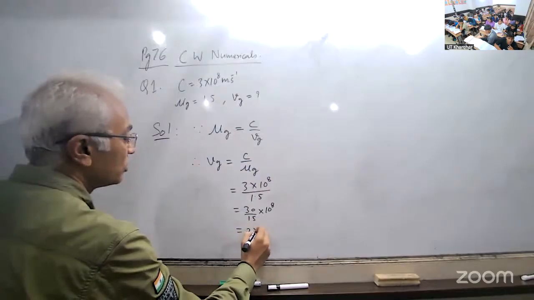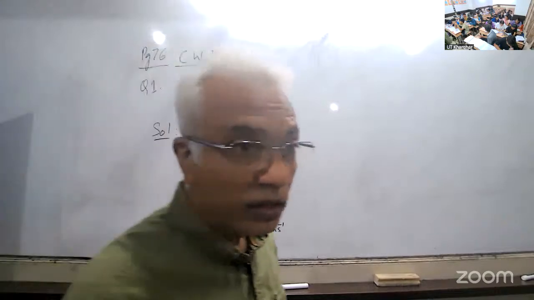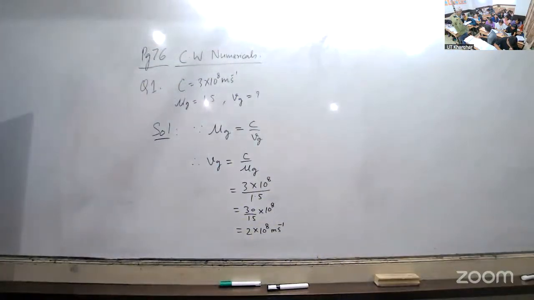That is 2 into 10 raised to 8 meter per second. Okay, so you have to remember the 4 or 5 formulas related to refractive index. So relative refractive index and absolute refractive index. These are the only 2 categories of formula. Next question.